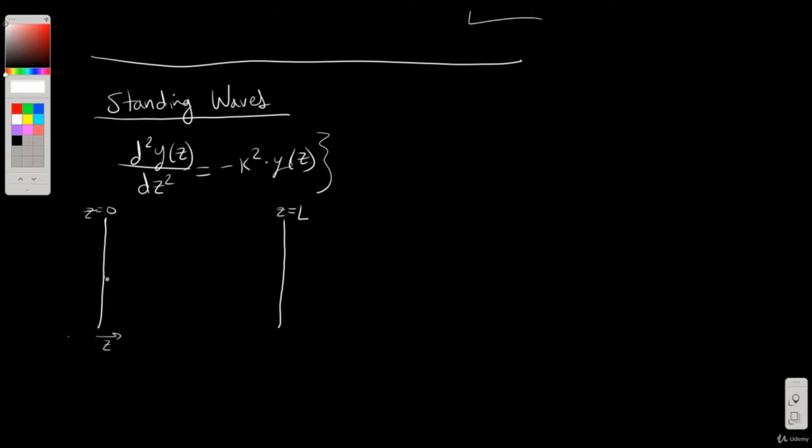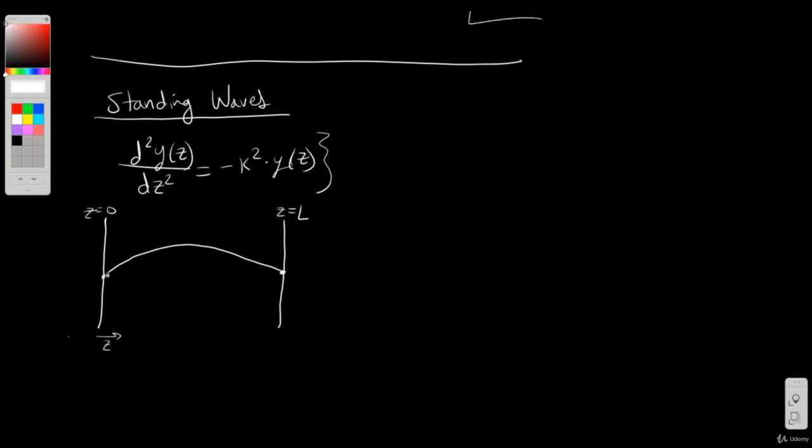And we anticipate that our waves will take on some sort of form that looks like this. We have one wave that looks like this. So we can imagine attaching two strings on this wall, and then we give this some sort of oscillation, and we see what resonates, so to speak.